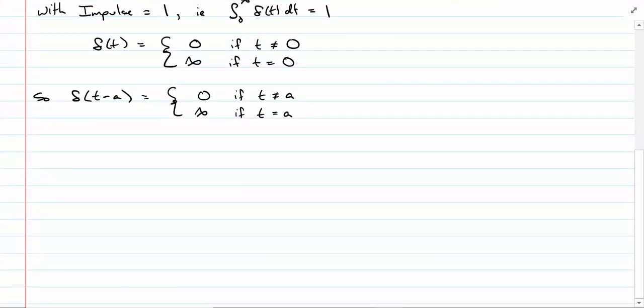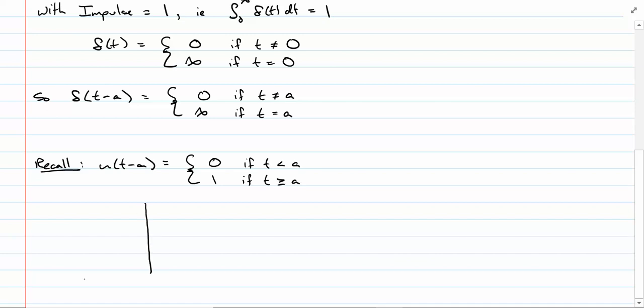And I want you to recall from last section the unit step function u of t minus a. What was that? It was a slightly different looking function. It was 0 if t is less than a, and 1 if t was bigger than or equal to a. The graph of the unit step function looked like that.